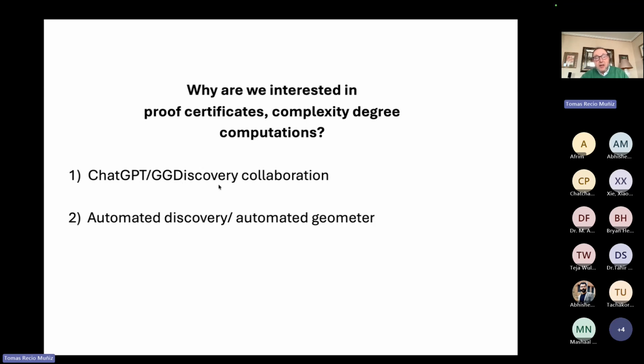The other reason is to let the user say to the automatic geometer, please tell me only results of some difficulty level. Don't tell me all of them, tell me just a few of them.